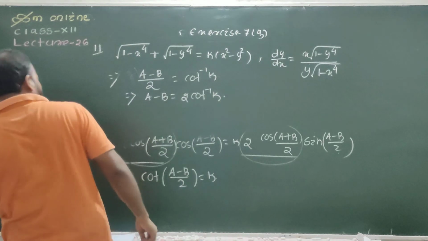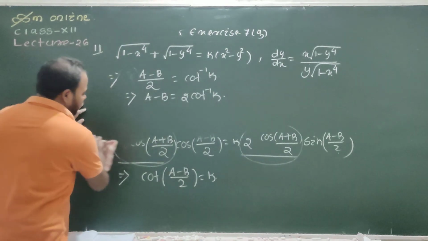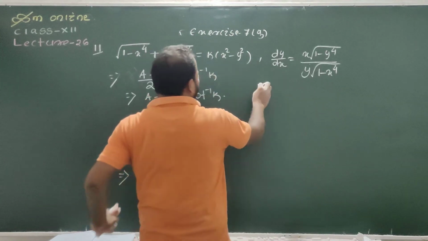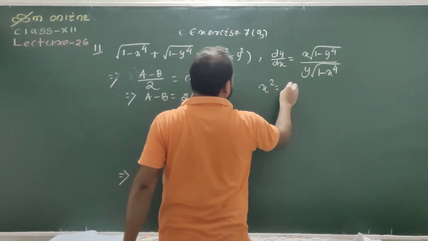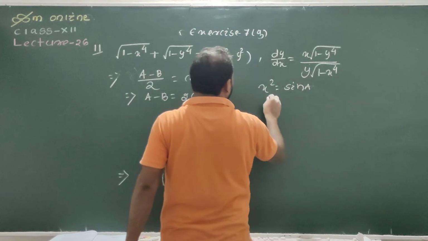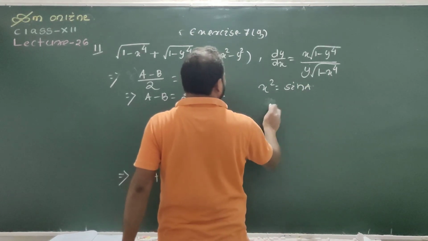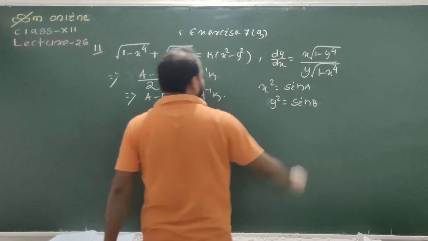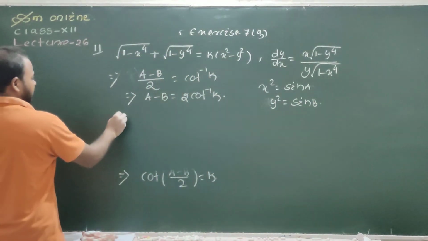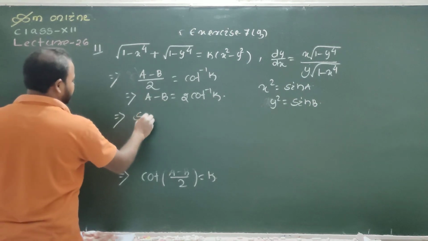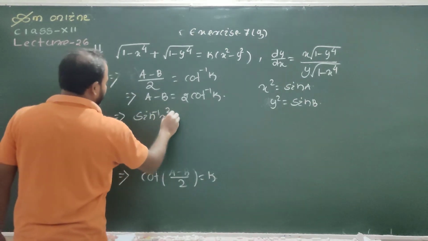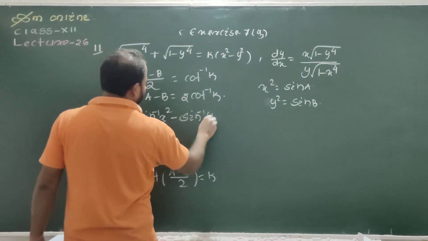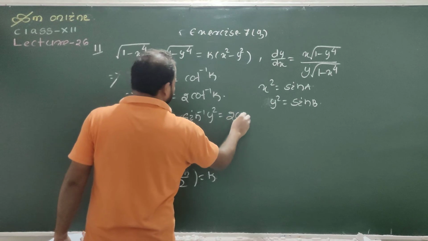Now putting the value of a and b here, we take x square equal to sin a and y square equal to sin b. This is a equal to sin inverse x square, and b equal to sin inverse y square, minus, equal to 2 into cot inverse k.